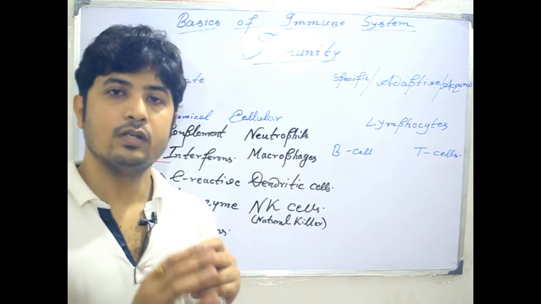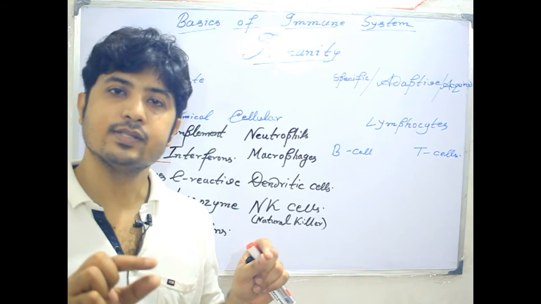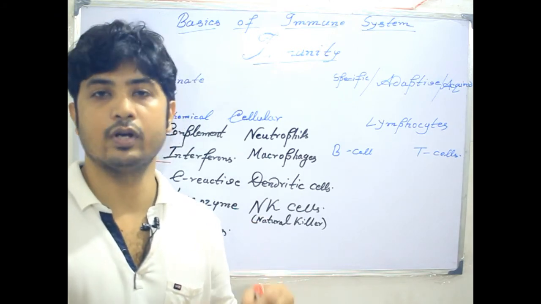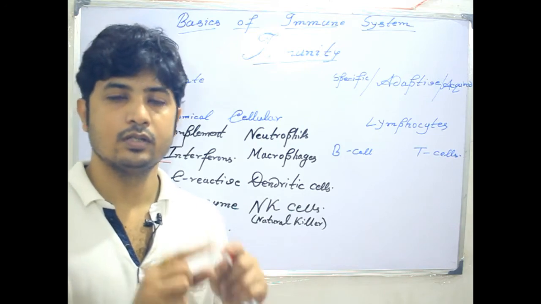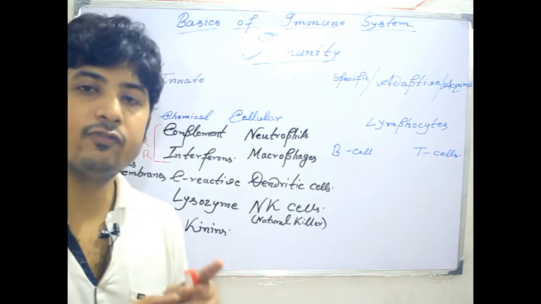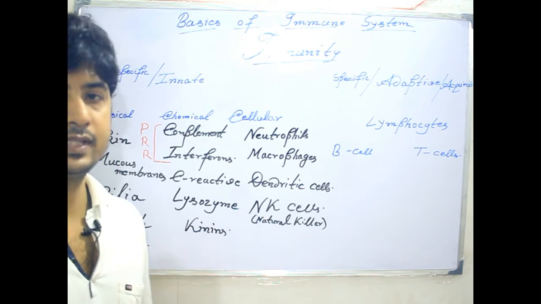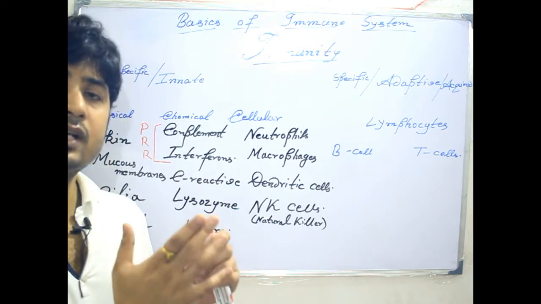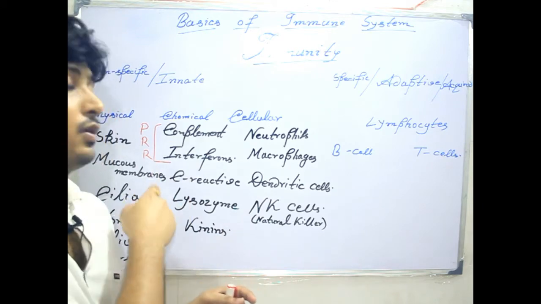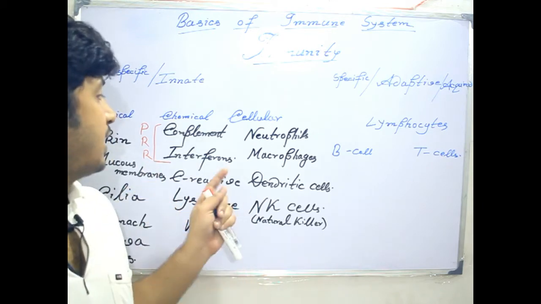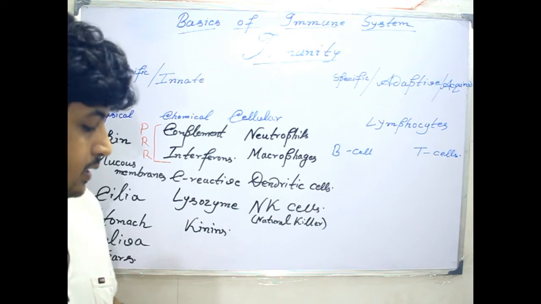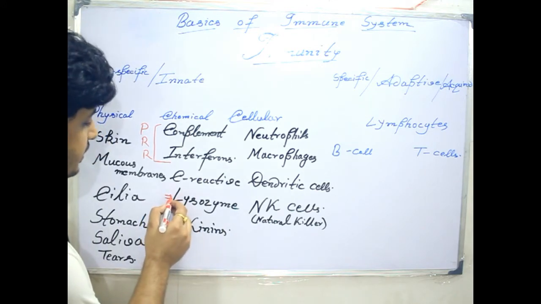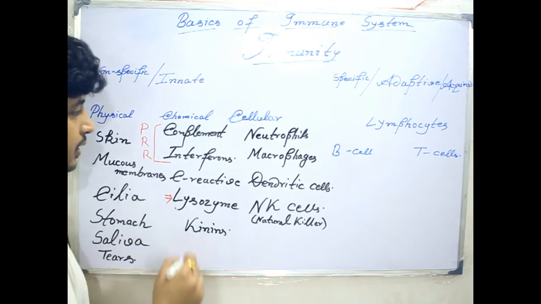That particular sequence of amino acids which forms a polypeptide is new to the body. That particular polypeptide is not found within our cells or our system. It will be specifically recognized by these pattern recognition receptor molecules, which have this kind of capability, like lysozyme also.